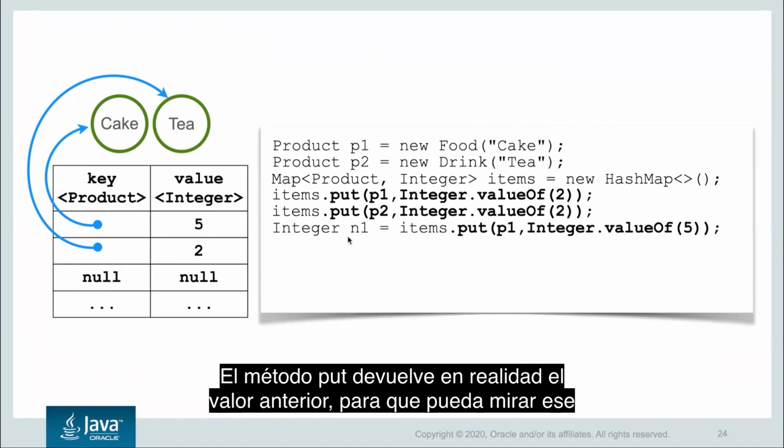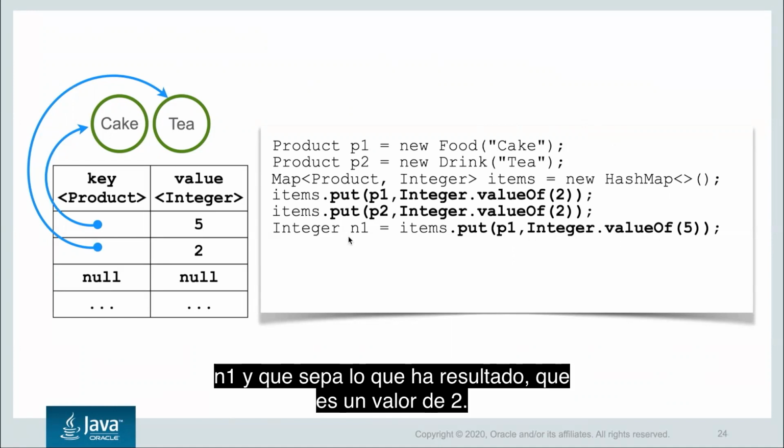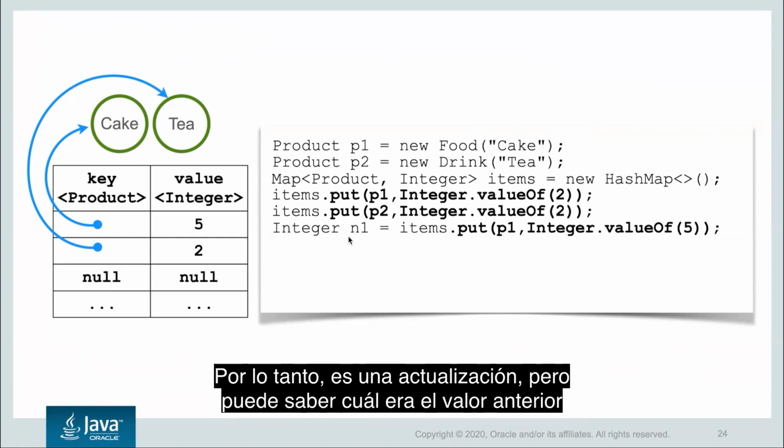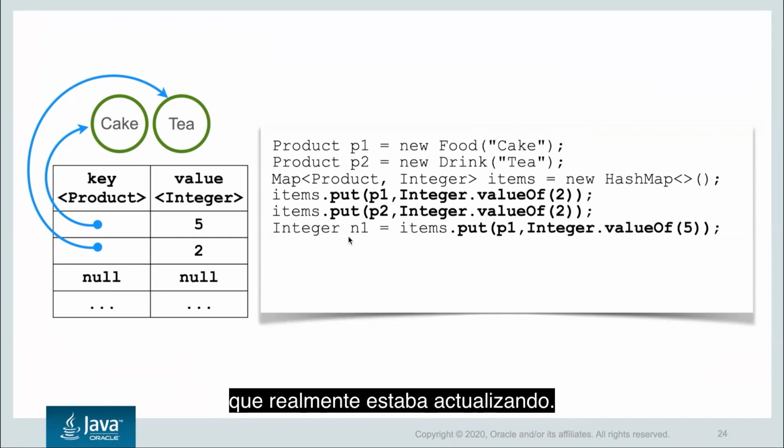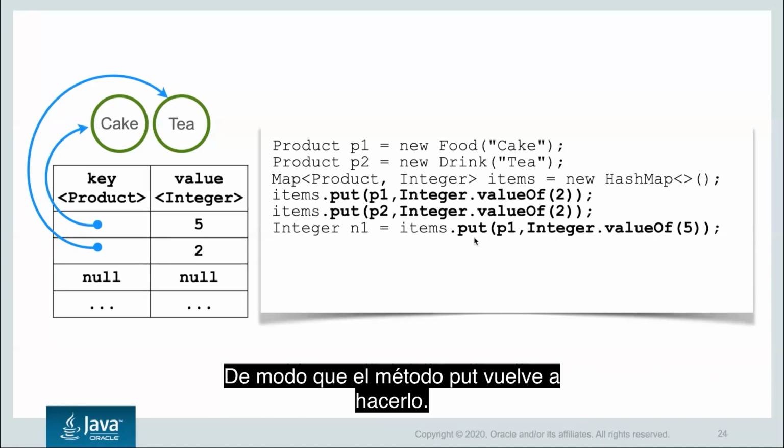Put actually returns what was there before, the value of 2. So it's an update, but you can find out what was the previous value that you actually updated. That put method returns it.